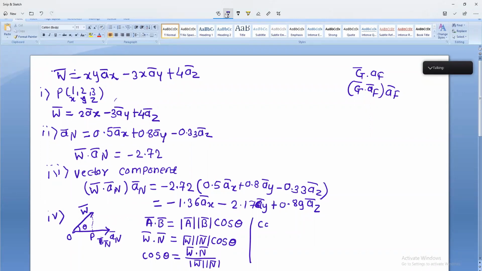So cos theta is equal to, so what is mod of W bar? What is W bar dot N bar? This N bar is nothing but A bar N, the unit vector dot product.